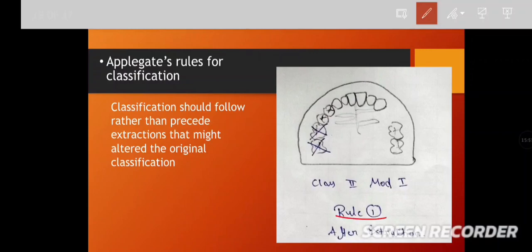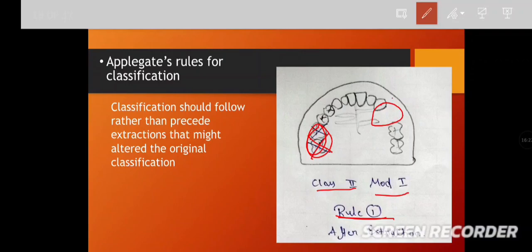The first rule tells that when you need to do extraction before classification, go for the extraction first, then do the classification. In this picture, without extraction, it will be typically class 3 Kennedy's classification, but when you do the extraction it will change into class 2 mod 1.